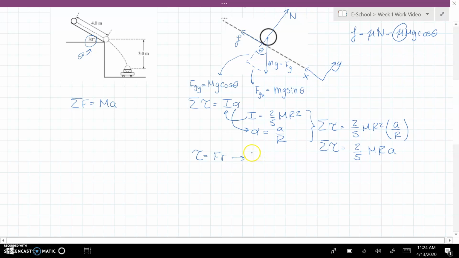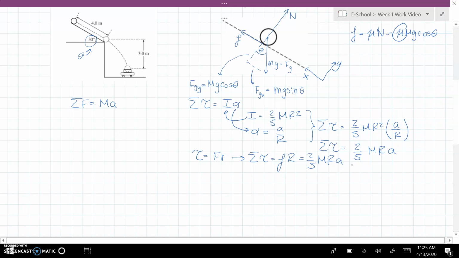The sum of the torque is equal to the frictional force. The frictional force is applied at the outer part of the sphere, a distance equal to the radius of the sphere from the center. So I'm going to write this as F times the radius is equal to 2/5 m r a.